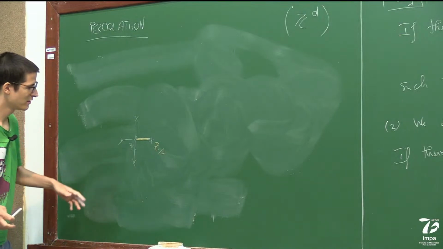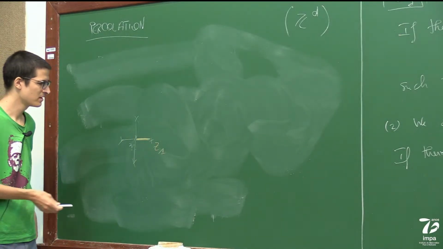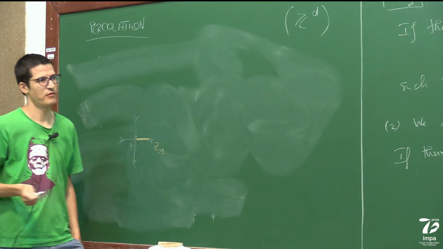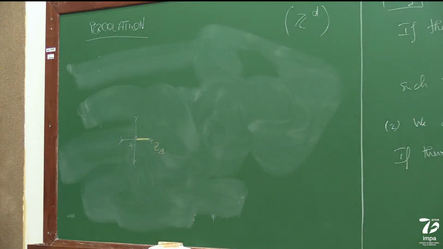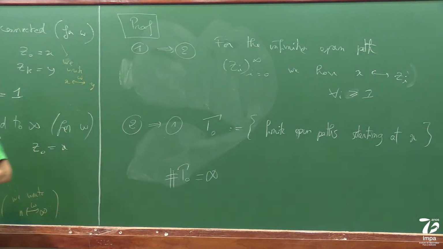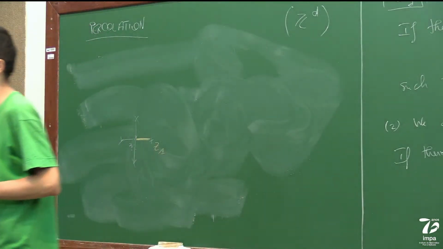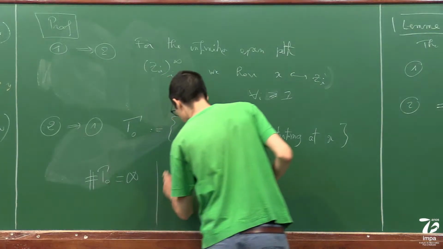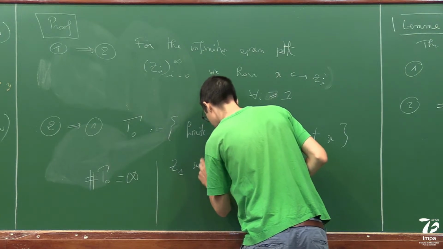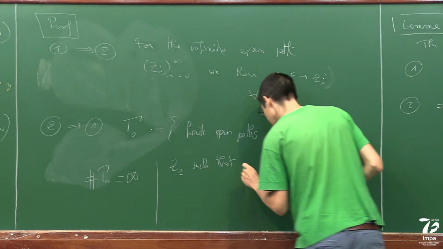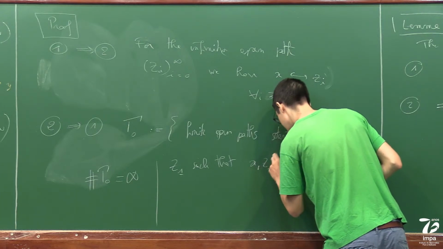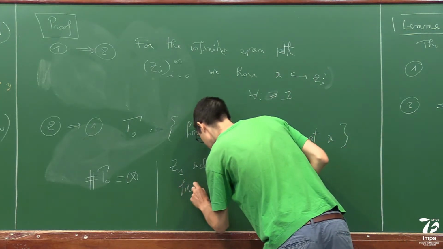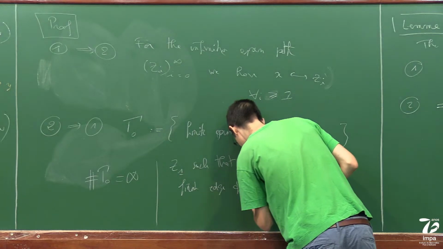X has 2D neighbors, so there are 2D choices for the first edge of the path in gamma 0. Among these 2D choices, one should correspond to infinitely many paths. So we choose Z1 such that X Z1 is the first edge of infinitely many paths.